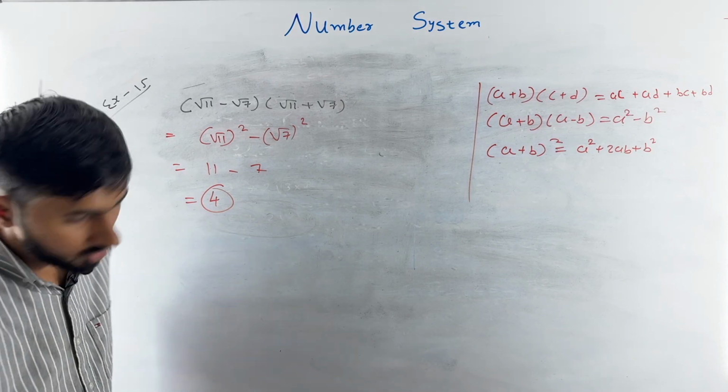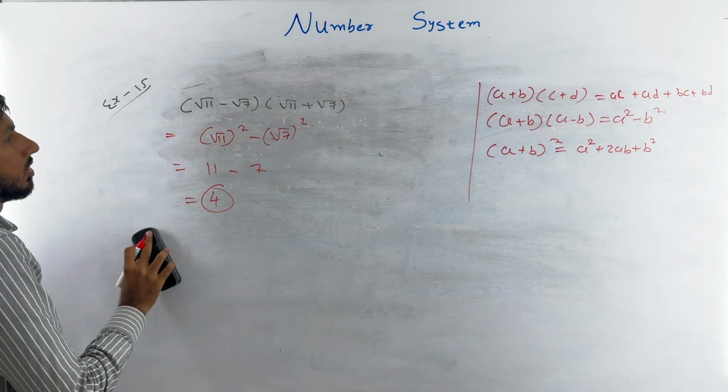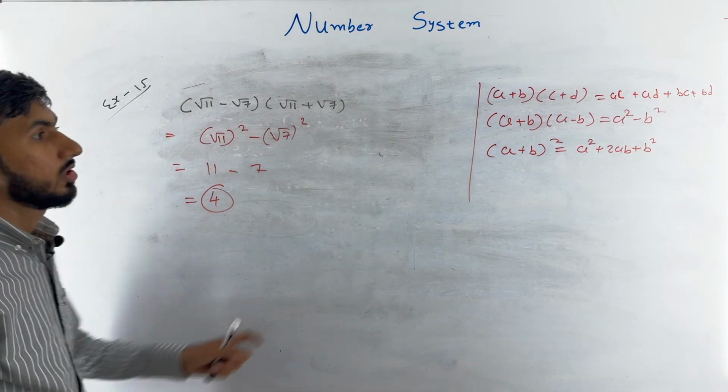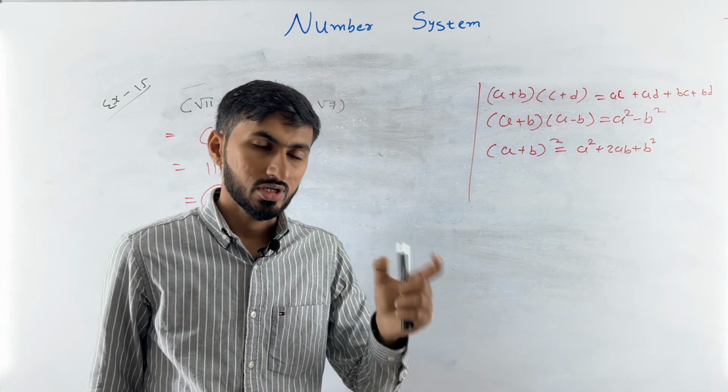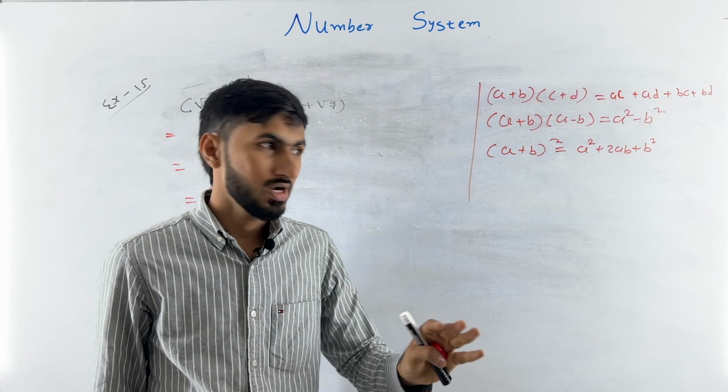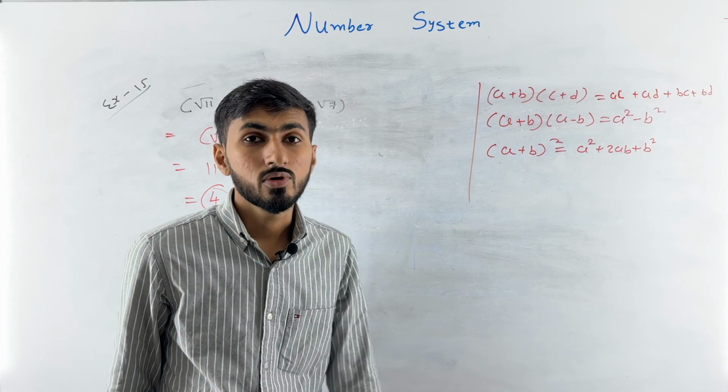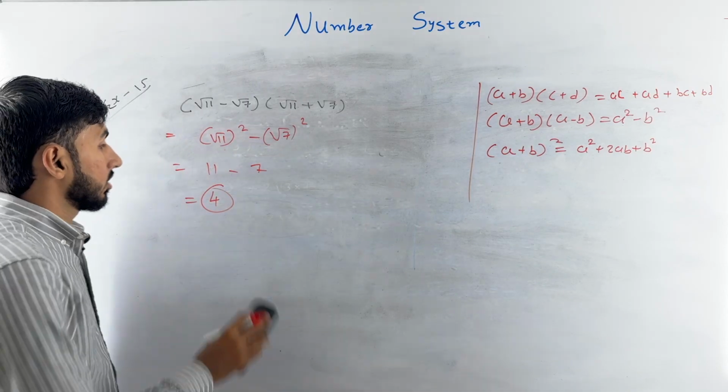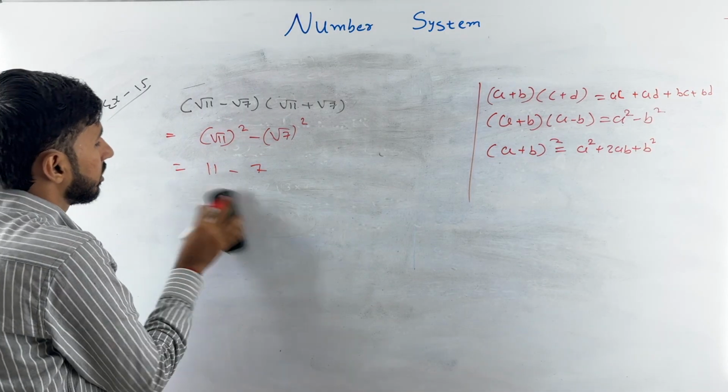Now as we have learned how to operate irrational numbers, how to add, multiply, subtract, divide, or do this type of simplification to the irrational number or to the real numbers, right?